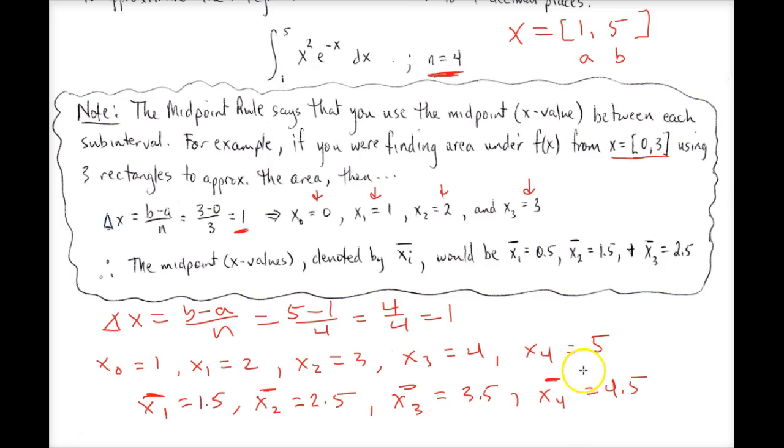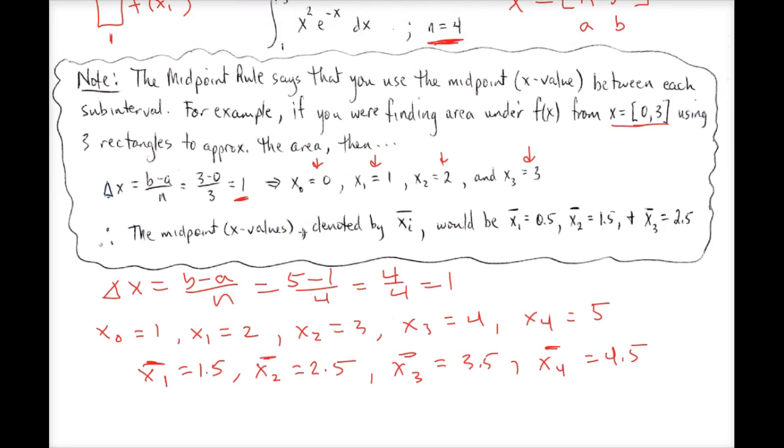These are the x values we're going to use to calculate the heights of our rectangles. Just to make sure we understand, each rectangle under the curve of this function has a width of 1 and a height of f of x sub i.